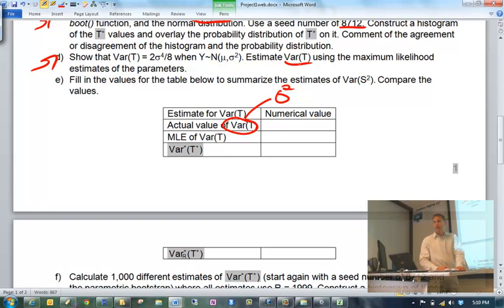If, for some reason, you decided to sell back your Casella and Berger book, first, shame on you. But if you did, I can give you photocopies. Okay? Maximum likelihood estimate of the variance of t, so basically part D. You know what that should be based upon the actual true distribution, and then through the resamples, you can calculate the estimate.